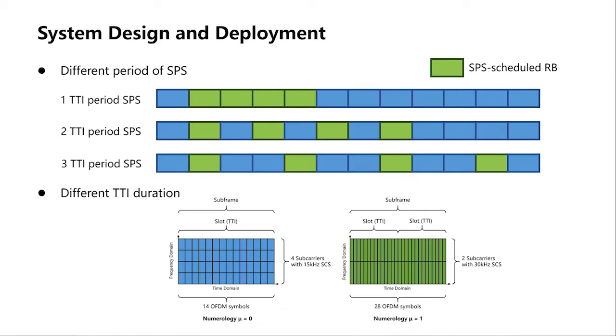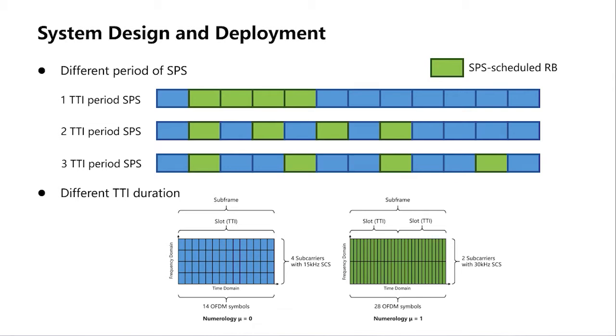For example, if the period is set to 1, data can be transmitted on every TTI. And if the period is set to 3, there is only one transmitting TTI in every 3 TTIs, just like the figure above shows, and the green blocks indicate the RBs scheduled by SPS.